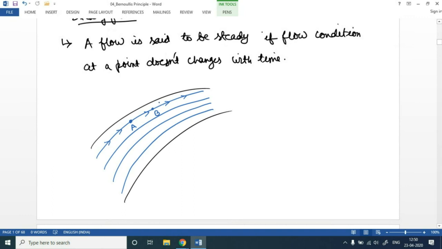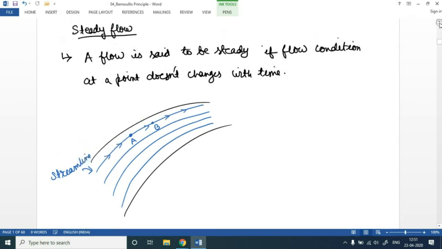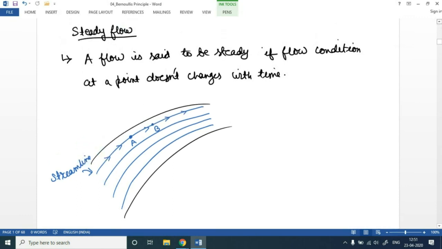So all particles passing through a point follow the same path, and hence we have a unique line of flow passing through a point. These lines we have drawn to indicate the pattern of flow are known as streamlines. In other words, steady flow is also known as streamline flow.